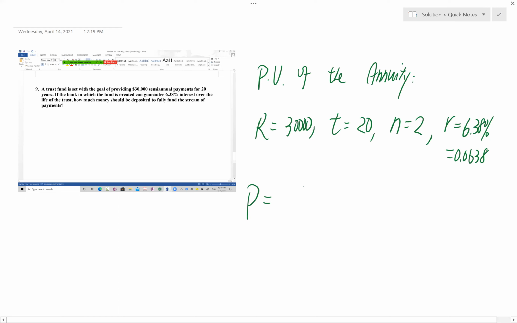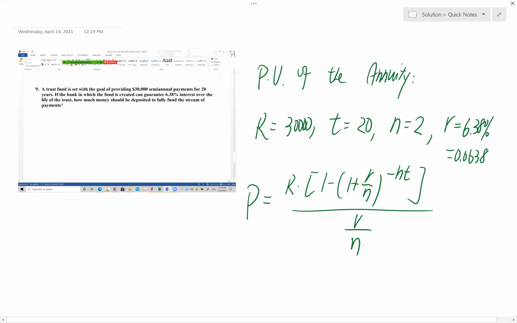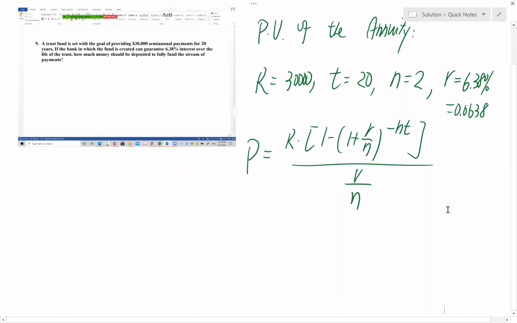So the present value of the annuity is the regular payment times 1 minus (1 plus R over N) to the negative NT, over R over N. Moving forward, we got 30,000 times 1 minus 1 plus 0.0638 over 2 raised to negative 2 times 20 years.